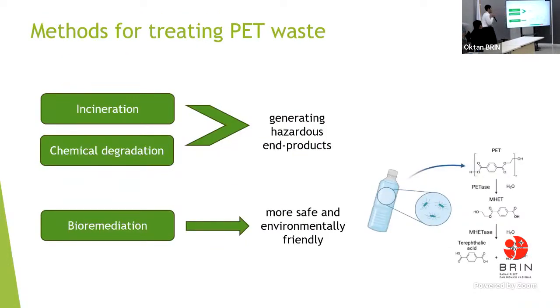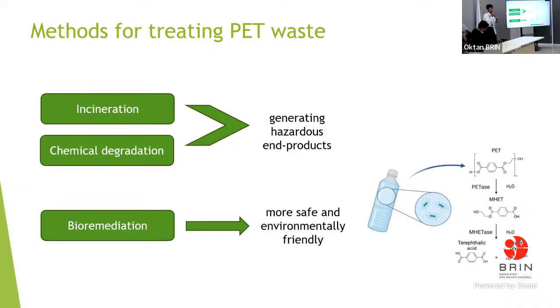The current methods for treating PET waste are mainly incineration and chemical degradation. However, these two methods are not environmentally friendly and even pose a hazard because they produce hazardous waste and products.